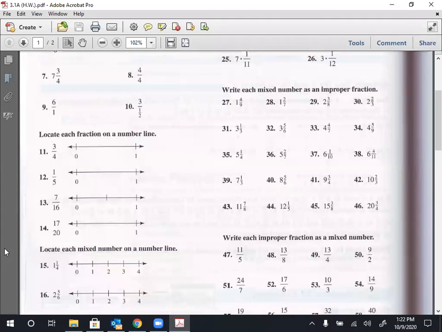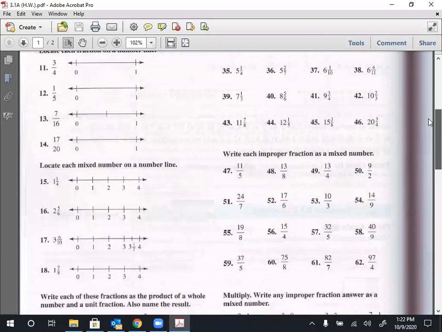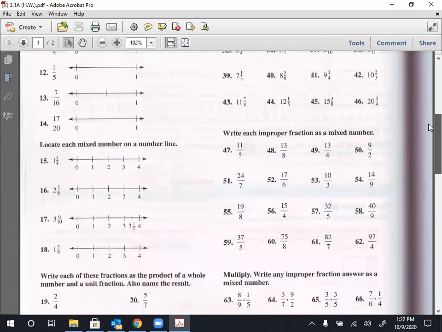So this time, in 47 to whatever the next group is, we're going to write your answers to that. So what we have to do there is we have to divide. We're going to write each fraction from 47 to 62 as a mixed number.